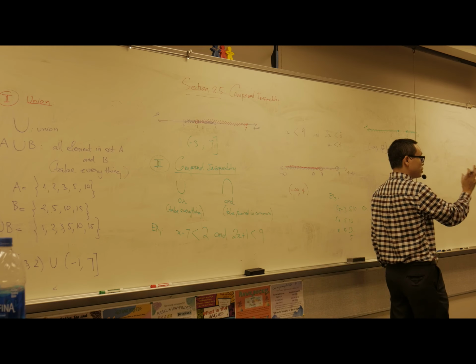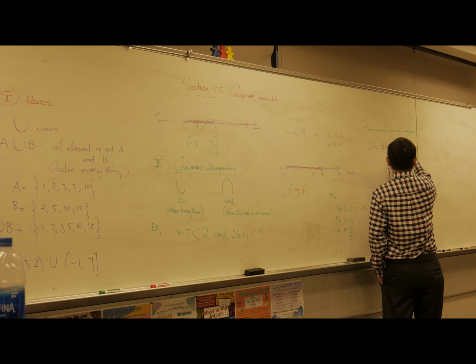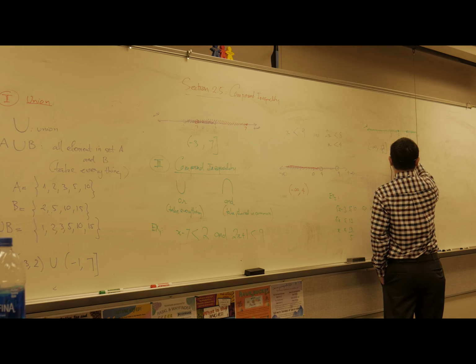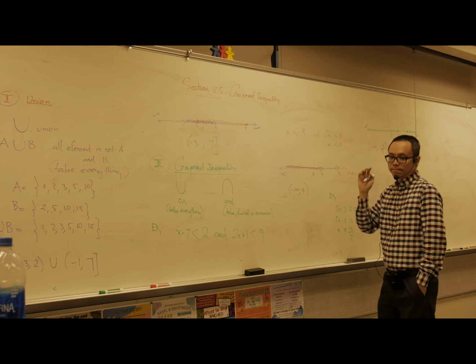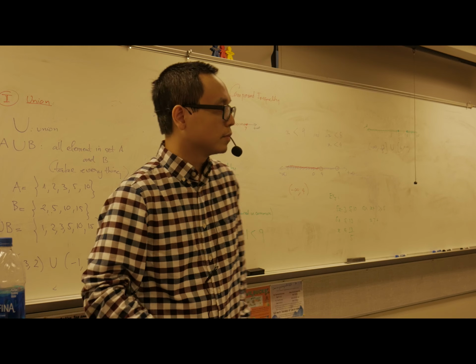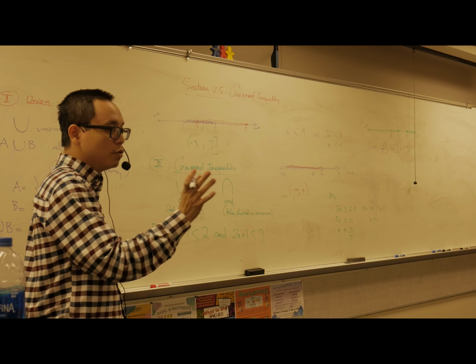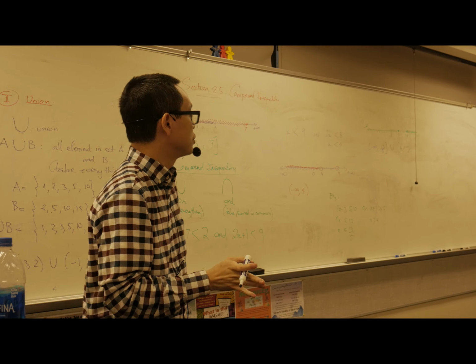Union, because if you want to connect them together, you always use union. Bracket 4 to infinity. If you want to connect 2 or 3 interval notations together, you should use union.